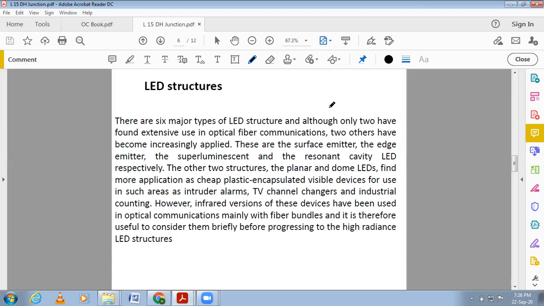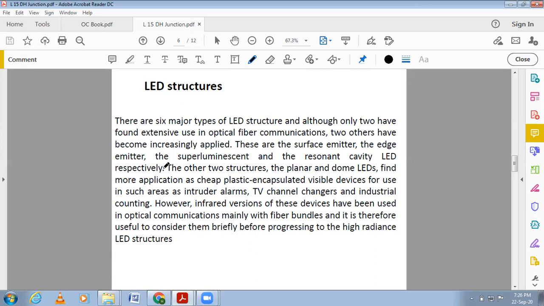You can see there are six major types of LED structures, and although only two have found extensive use in optical fiber communication, two others have become increasingly applied. These are the surface emitter and edge emitter, the superluminescent and the resonant cavity LEDs respectively.